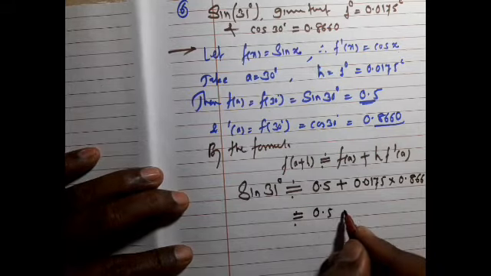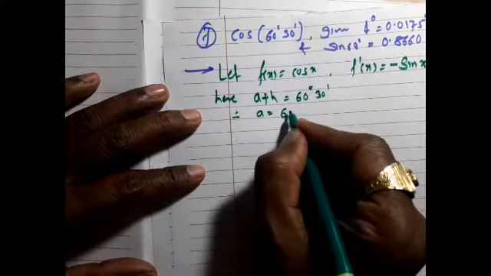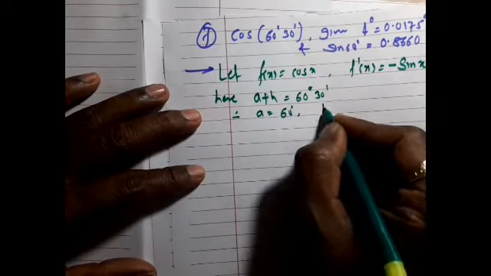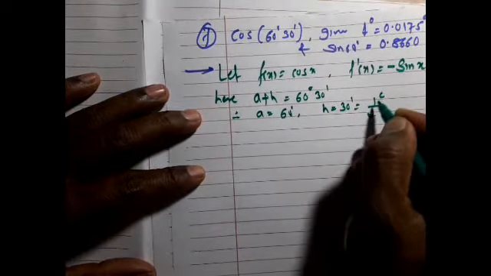Let f(x) is equal to cos x. If you understood the previous example, then this will be simple. Therefore, f dash x is minus sine x. Here, A plus h is 60 degrees 30 minutes. Therefore, A is equal to 60 degrees and h is equal to 30 minutes.